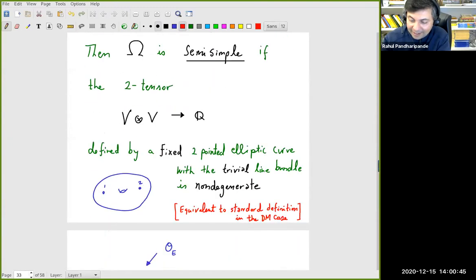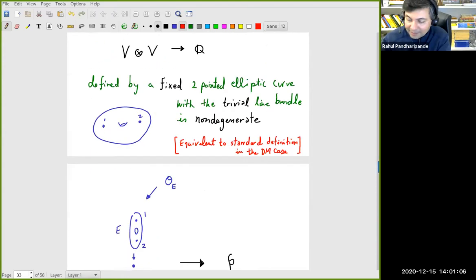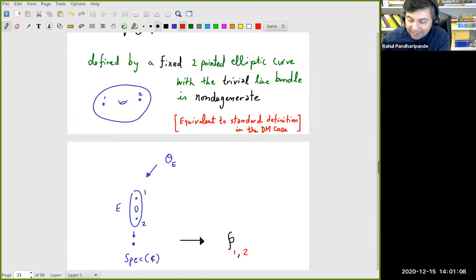And the way you can say this most efficiently is that there's the two tensor that comes from, if I have a fixed two-pointed elliptic curve with a trivial line bundle, then this gives me a tensor V goes to V, meaning my family is over spec C. The object of this family is an elliptic curve with 2 points and a trivial line bundle.